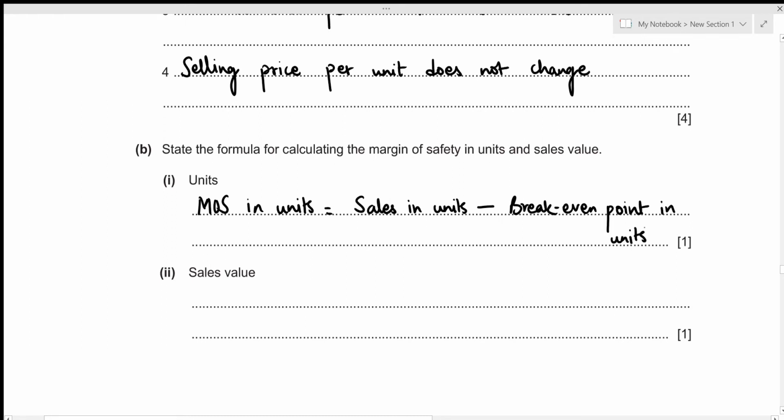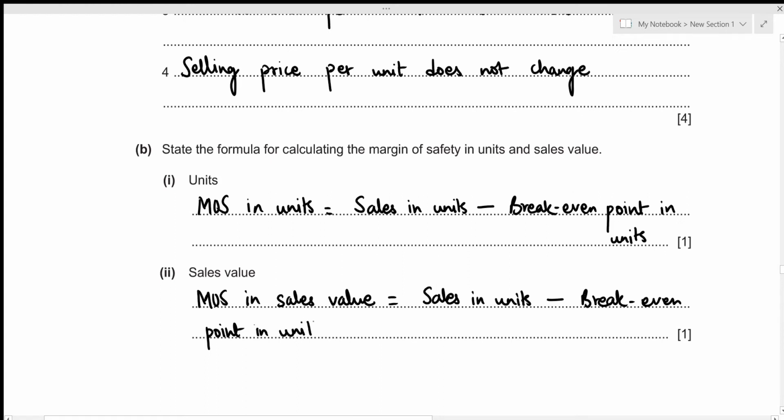Secondly, we need to write the formula for margin of safety in the sales value. So margin of safety in sales value is just the margin of safety in units times the selling price per unit. So we can write it down as sales in units minus break-even point in units.